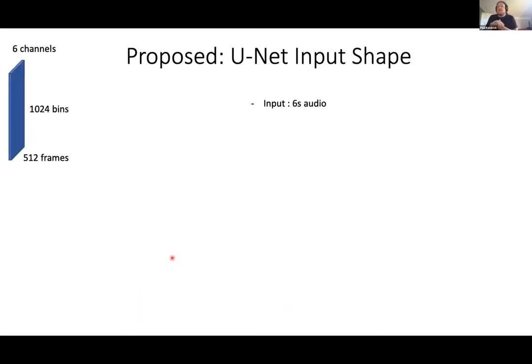I'm now going to explain an overview of the Unet architecture in the context of what I actually used. This is the actual structure I used. The input to my model is 6 seconds of audio from which a spectrogram is computed. The shape of this is 376 frames and 513 unique frequency bins, and I'm using all 6 microphones as well.